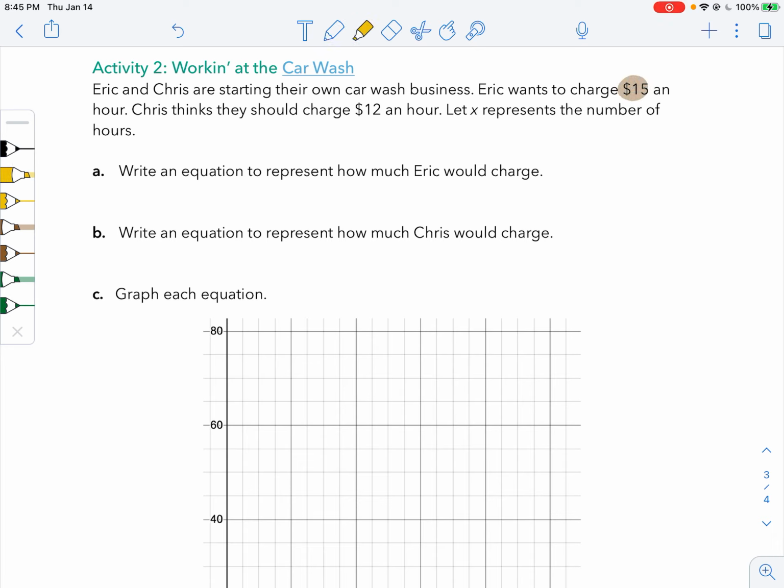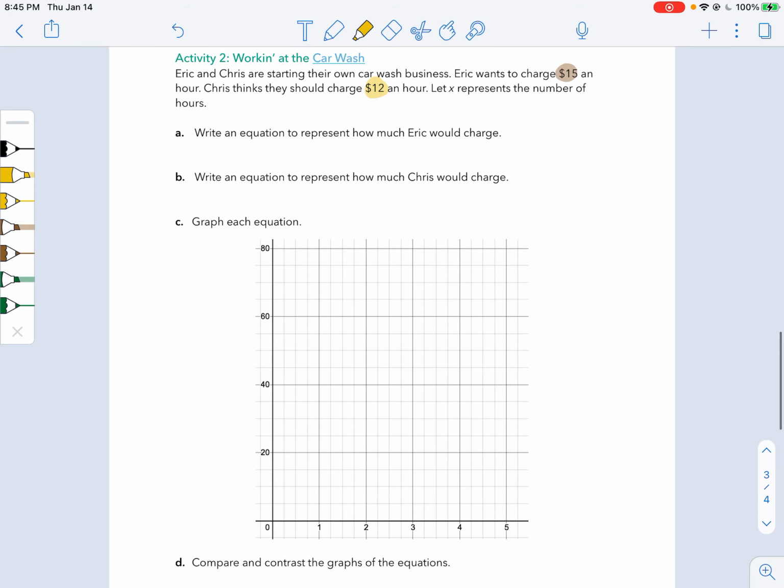But Chris says, hey, I want to charge $12 per hour. So x is going to represent the number of hours that we work. So Eric says he's going to charge $15 an hour. That means we're going to say y equals 15x, because he earns $15 for every hour he works.